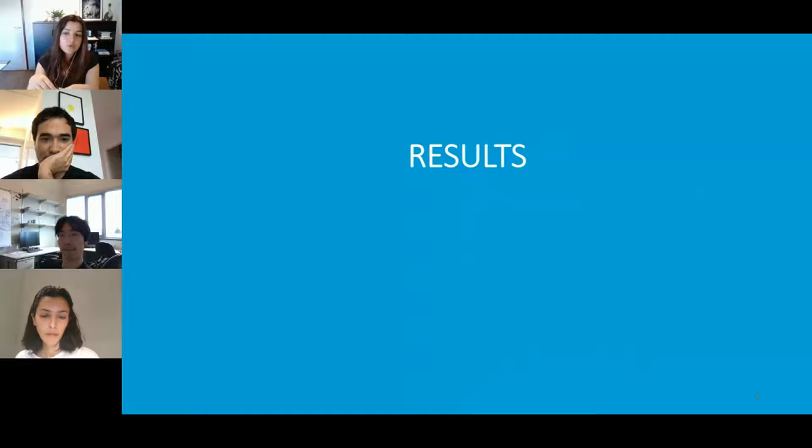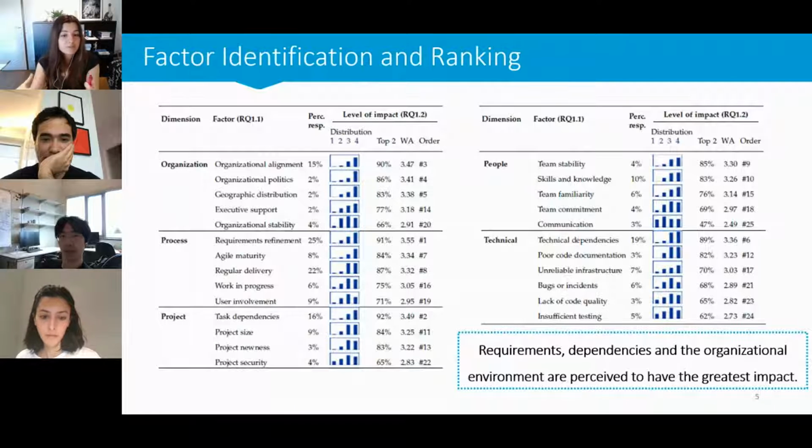So from the survey responses, we identified 25 factors that are perceived to affect on-time delivery. A few new factors emerged from the survey, including team familiarity, agile maturity, and organizational factors.